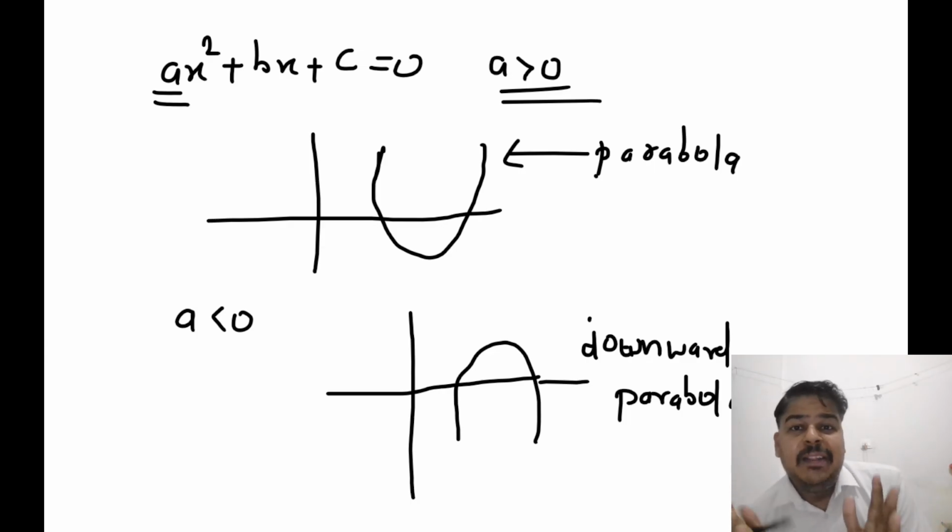Always remember the degree of the equation, whether it is linear, quadratic, or cubic. The highest power is called the degree, and the degree describes the number of solutions of the equation. So if the degree is 2, there are two solutions. If the degree is 3, there are three solutions.